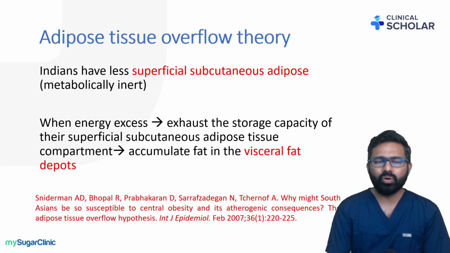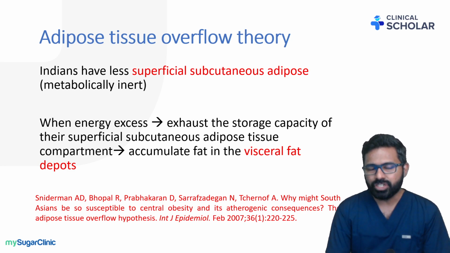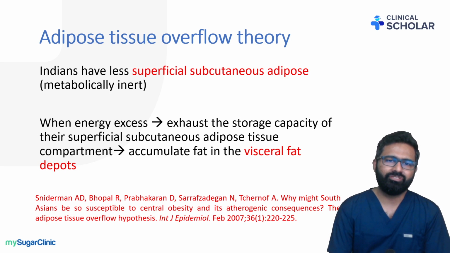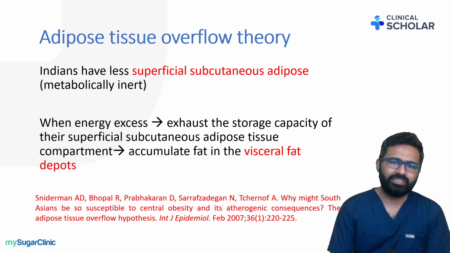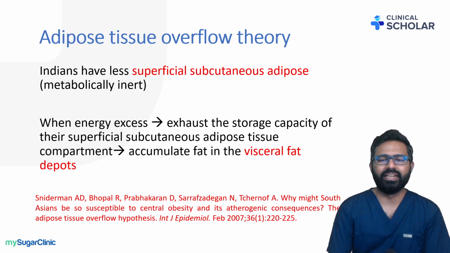But Indians do not have enough superficial subcutaneous tissue. These superficial subcutaneous tissues are metabolically inert; they won't cause much issue. Since this store of superficial adipose tissue is less, the converted fat will be channeled to the visceral area, and it results in visceral obesity.